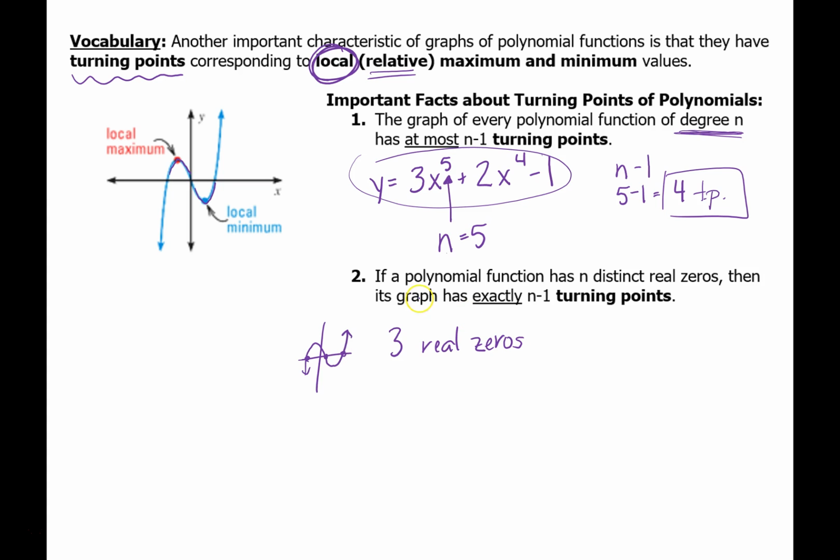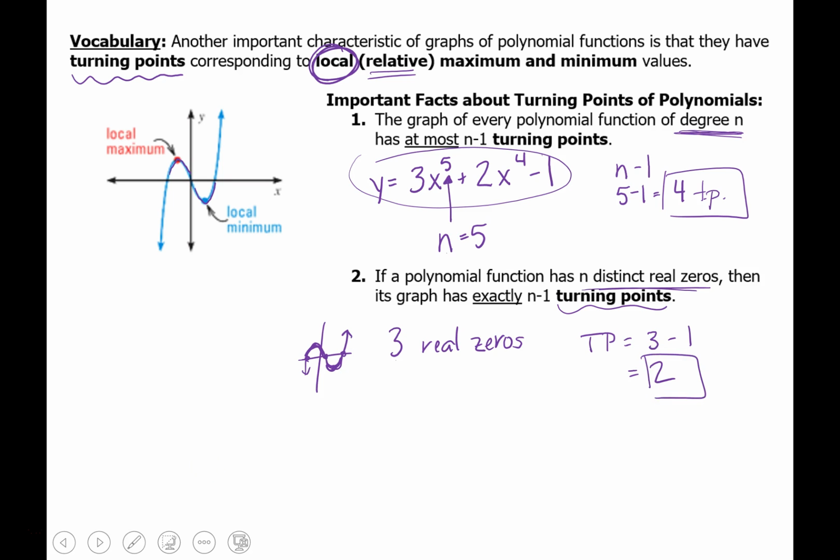So this fact means that the graph has exactly n minus 1 turning points. If n is the number of zeros that it has, that's 3, the turning points are equal to 3 minus 1, or 2. And if you look at this quick sketch that I just drew, there's a turning point here, and there's a turning point here. So that is 1, 2 turning points.